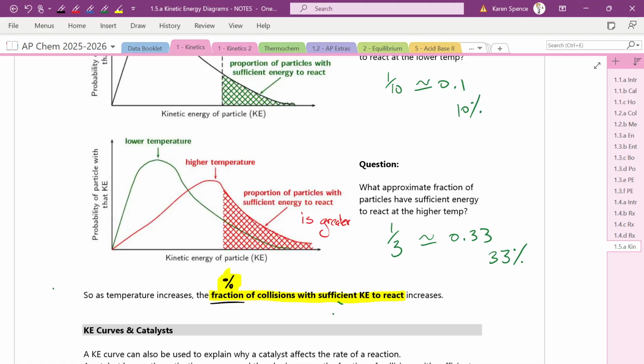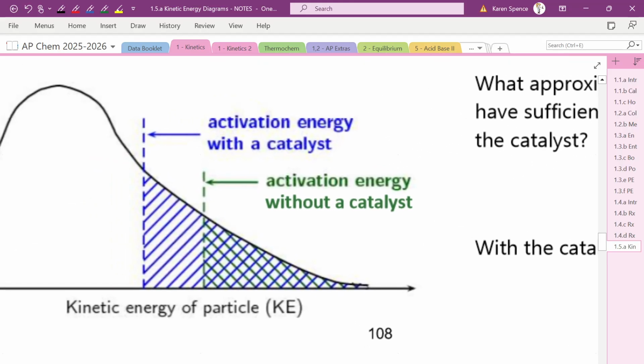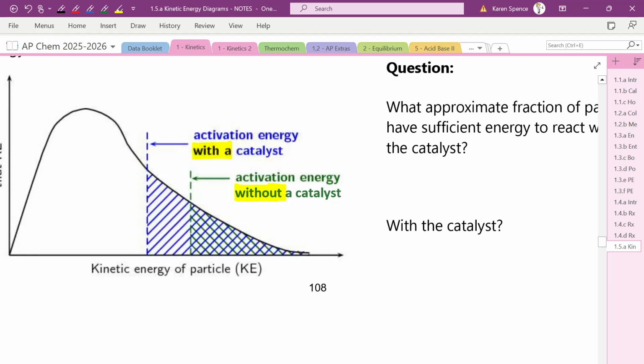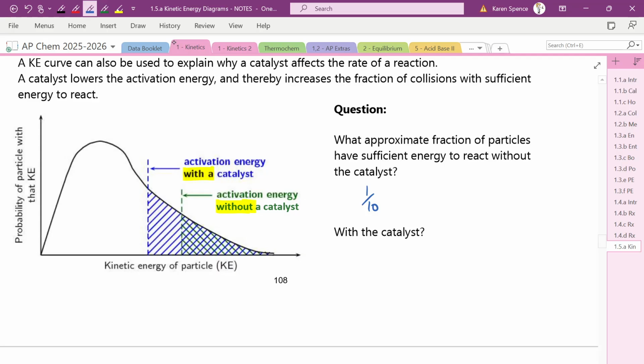Kinetic energy curves and catalysts. Here we have our activation energy without a catalyst, and here we have our activation energy with a catalyst. And maybe according to this, I've got maybe 1/10, so that's without the catalyst.